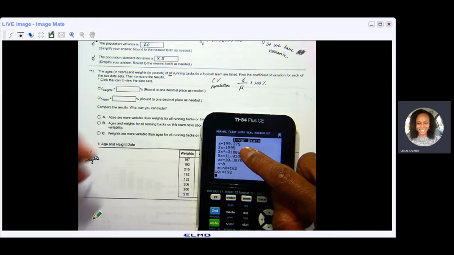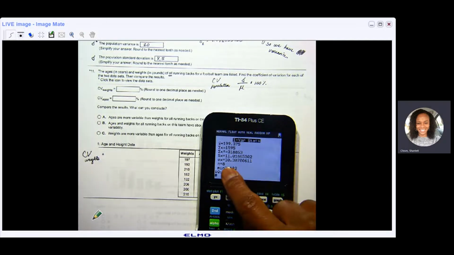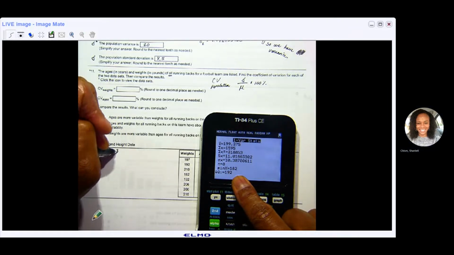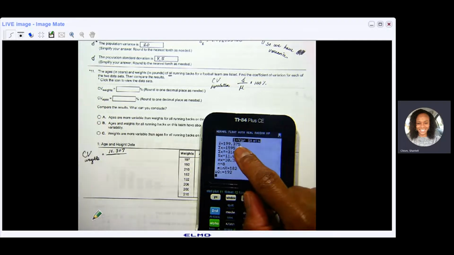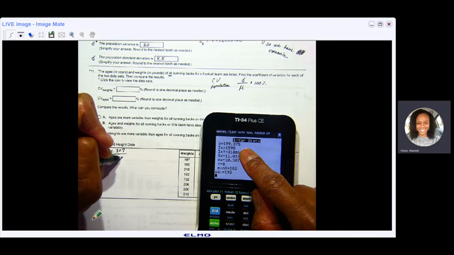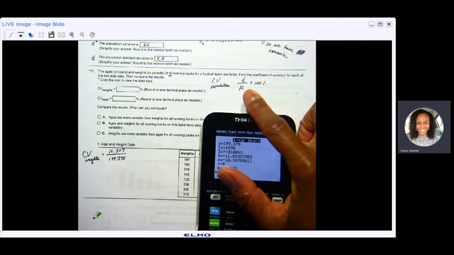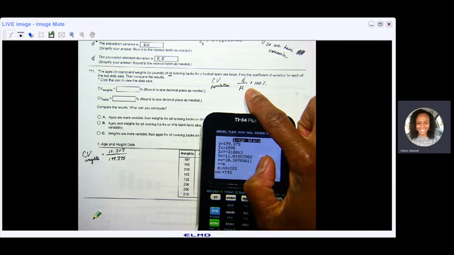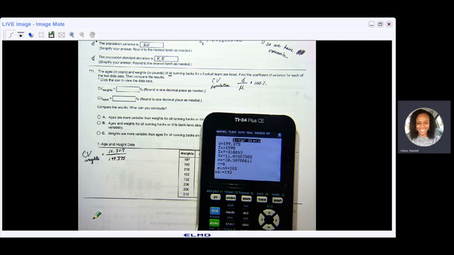So for the weights, our standard deviation is sigma, because it's the population, 10.307. And then my mean is 199.375. And remember, we use X bar, even though it's population, and even though the population mean is called mu. Remember, your calculator calls the mean X bar by default.